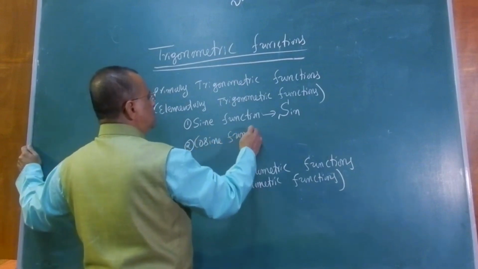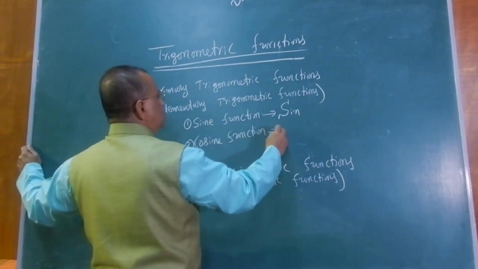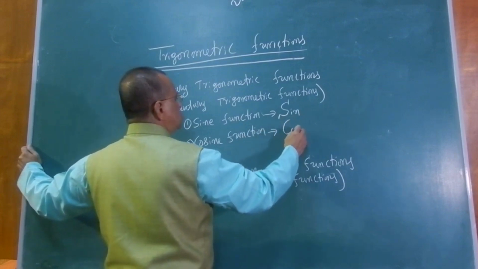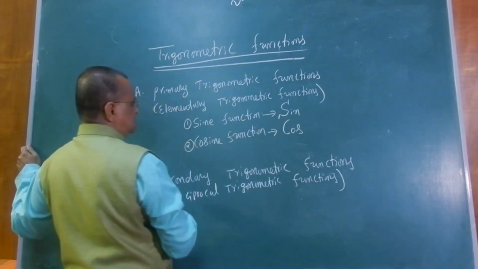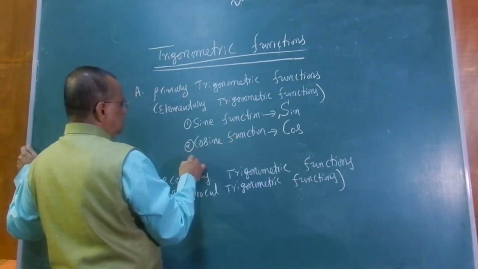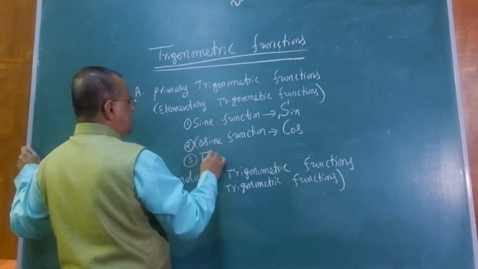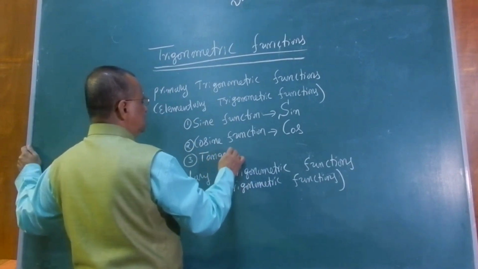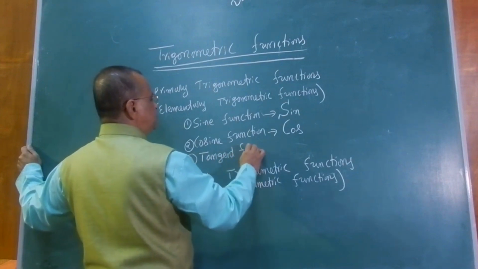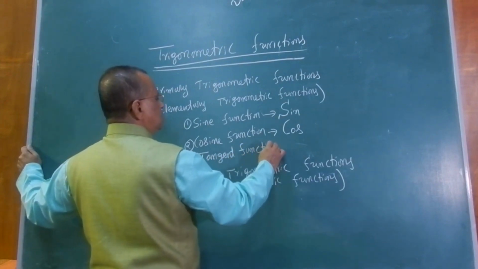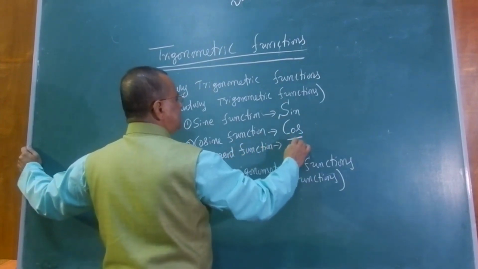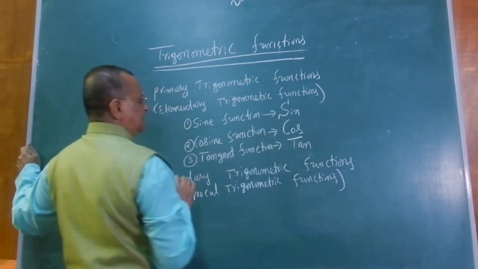Cosine function, in short, we write it as C-O-S, cos function. Third one is tangent function. Tangent function, we write it as tan, T-A-N, tan.